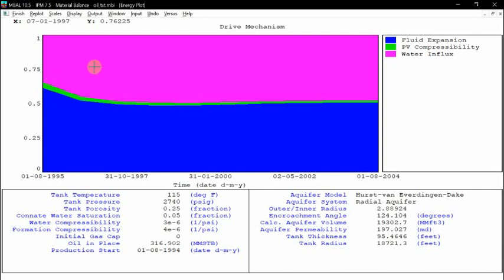Then your aquifer starts playing a bigger role and starts invading your oil zone more, which leads to some pressure increase, and thus the fluid expansion becomes less important than water influx until the end. Here we don't have a gas cap, so in this case it's better for us if we just invest in water injection.